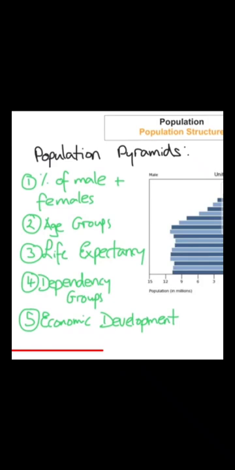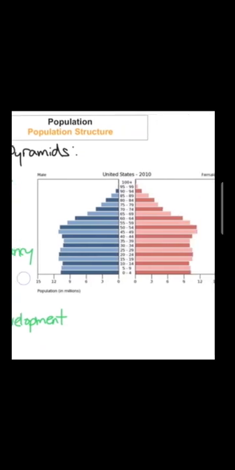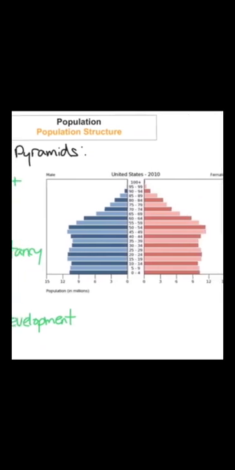Then it tells us about the age groups, life expectancy, dependency groups, and the economic development of that nation, so everything depends on this population composition, which can easily be shown through population pyramids. Now let us study one of the population pyramids, which shows the population pyramid of an advanced country like the United States.